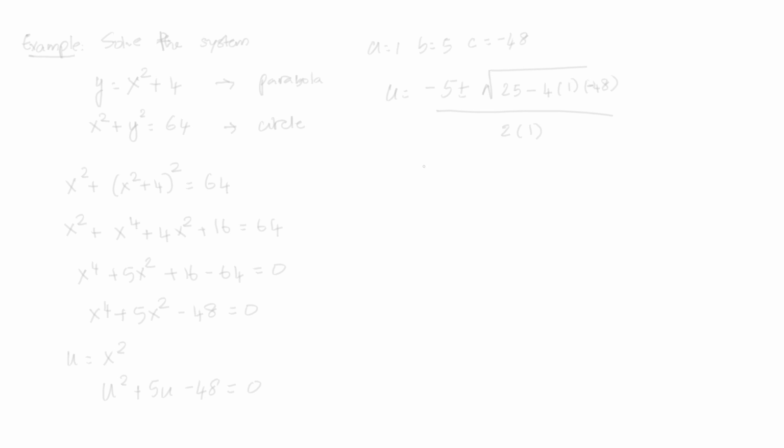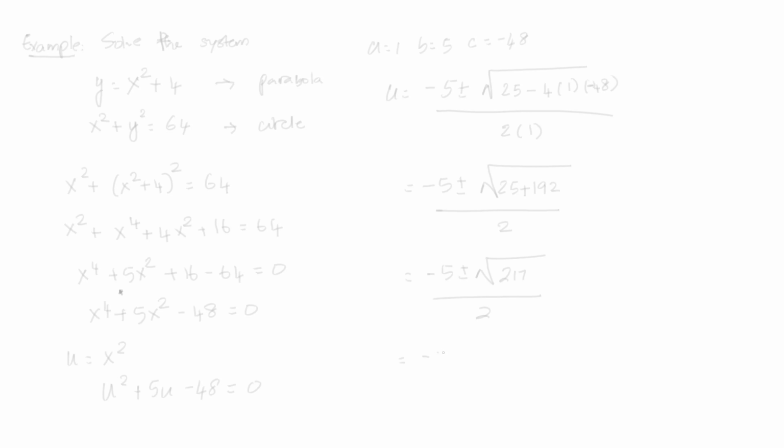So minus 5 plus or minus the square root of 25 plus 48 times 4, which is 192, over 2. That's minus 5 plus or minus the square root of 217, divided by 2.